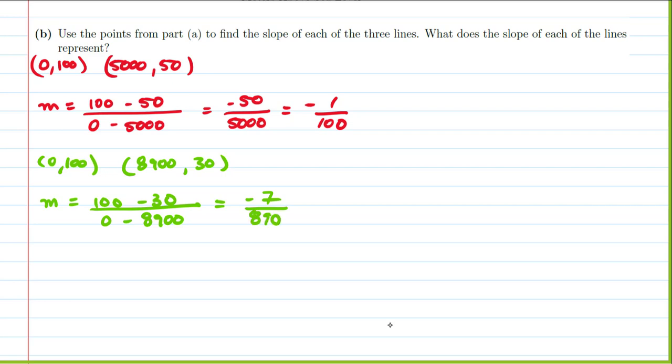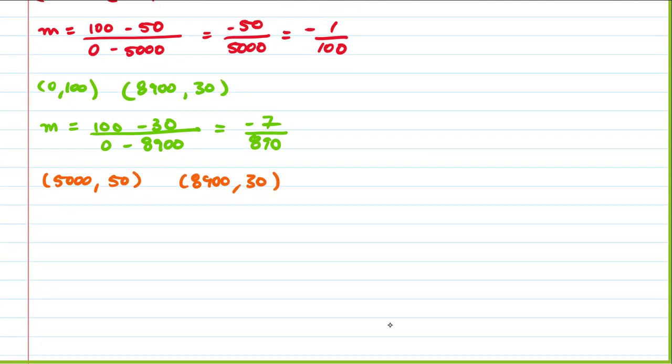And then lastly, we have our orange line, which used the points (5,000, 50) and (8,900, 30). So our slope for that line is going to be 8,900 take away 5,000, all over 30 minus 50.